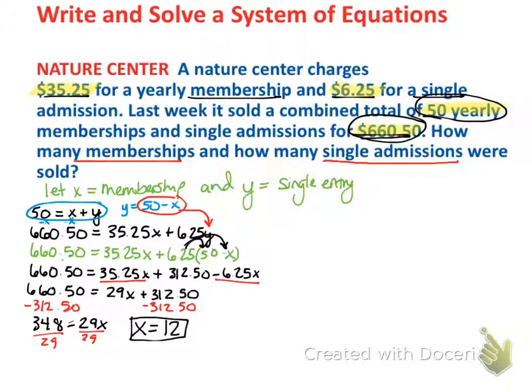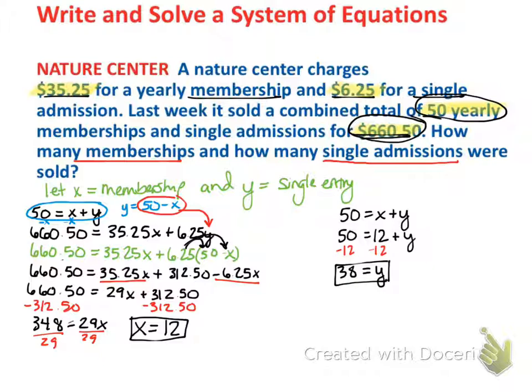How can we find out how many single admissions? Well, we just got to go back and solve for y. So we can use 50 equals x plus y. And instead of x, we plug in the 12. And then we'll just have to subtract 12 from both sides. And so then that gives us 38 equals y. So that's how many single entries they sold.